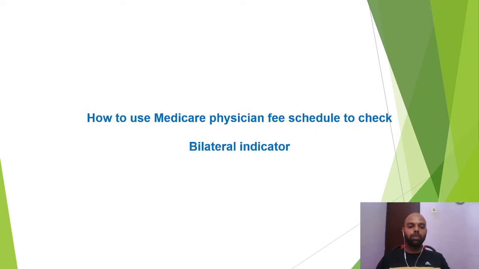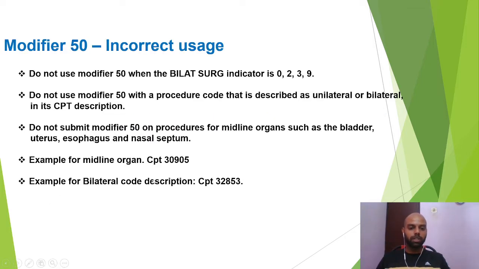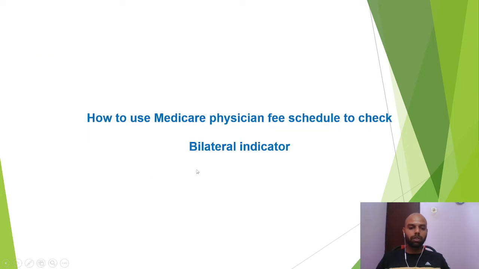And how to use the Medicare physician fee schedule to check bilateral indicators. You may have a doubt: we can check the bilateral indicator, but we don't know where to check, right? So I'm going to walk you through how to check a bilateral indicator in the Medicare CMS website, with these two CPT codes.